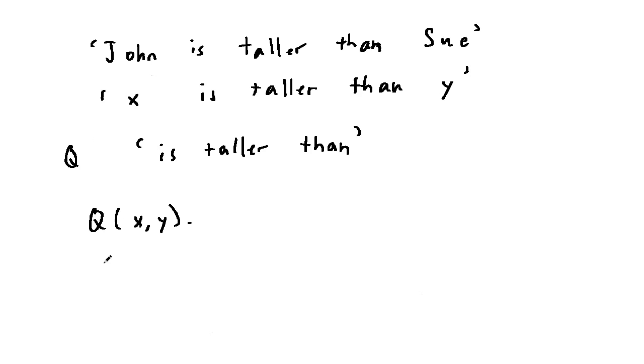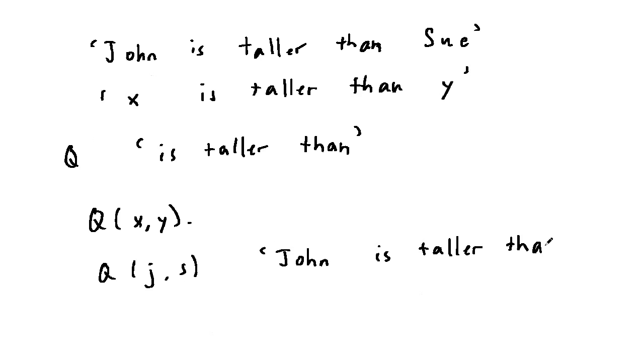So Q of J S means John is taller than Sue, since J stands for John and S stands for Sue.